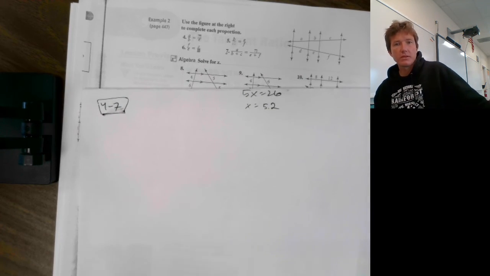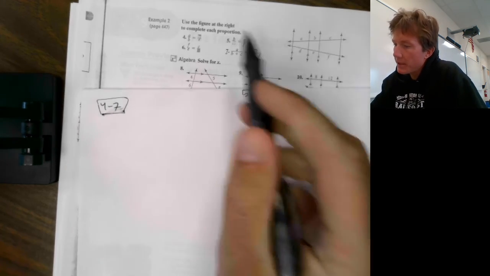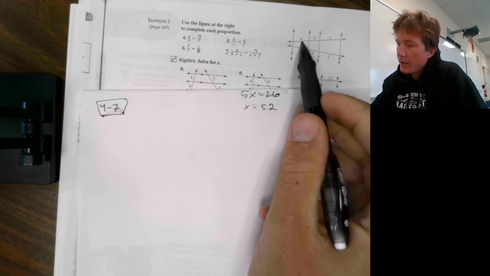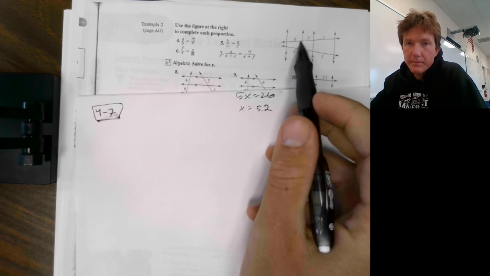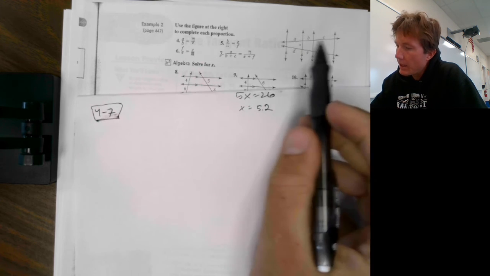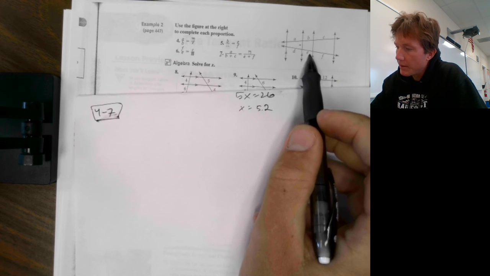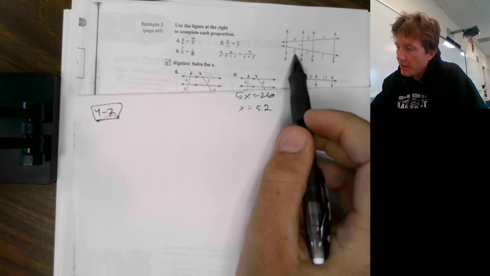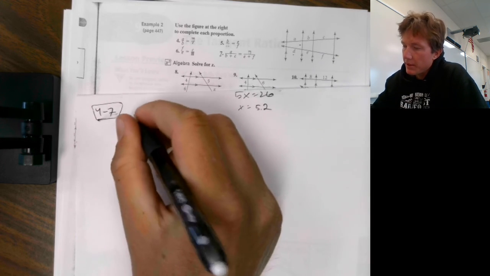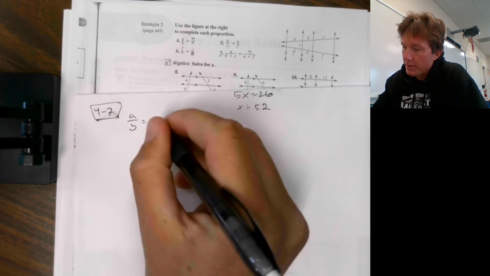Four through 7. Use the figure at right to complete its proportion. A is proportionate to B, these top two ones, as blank is proportionate to E. So if A is proportionate to B, it must be D. Okay, so A over B is the same ratio as D over E.